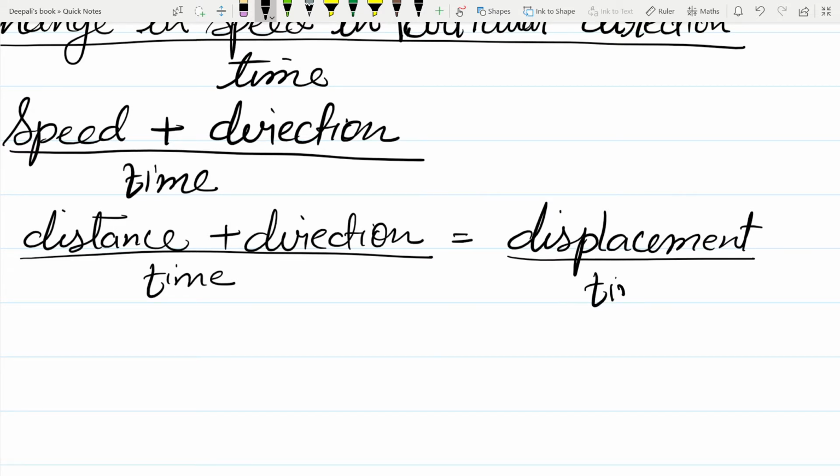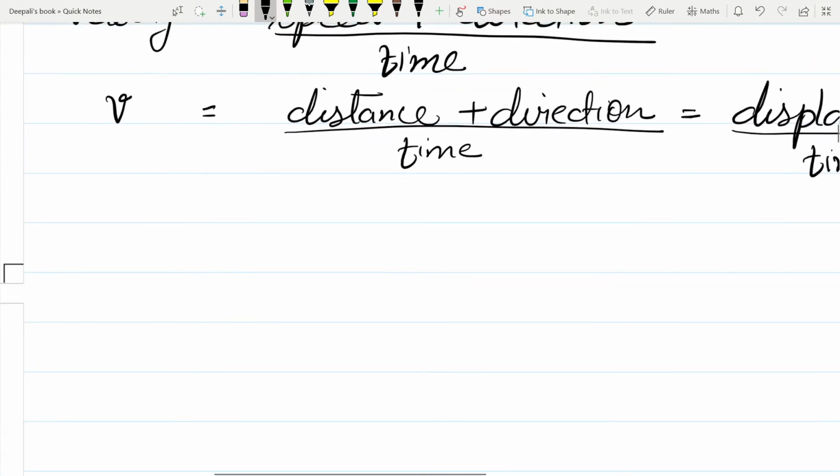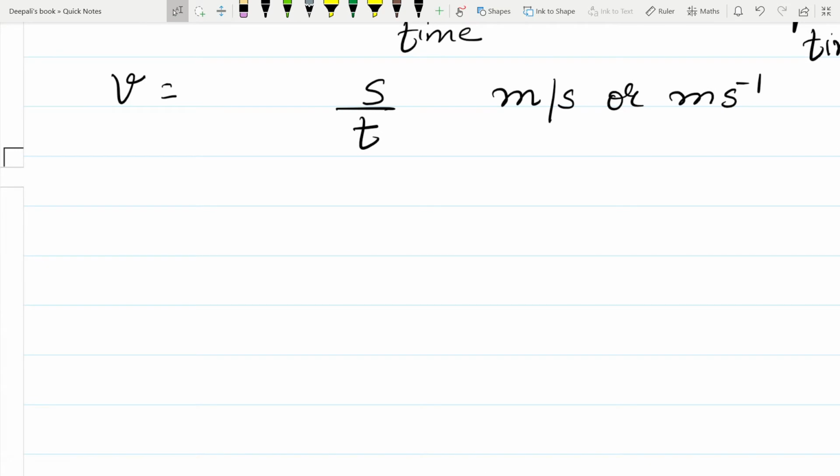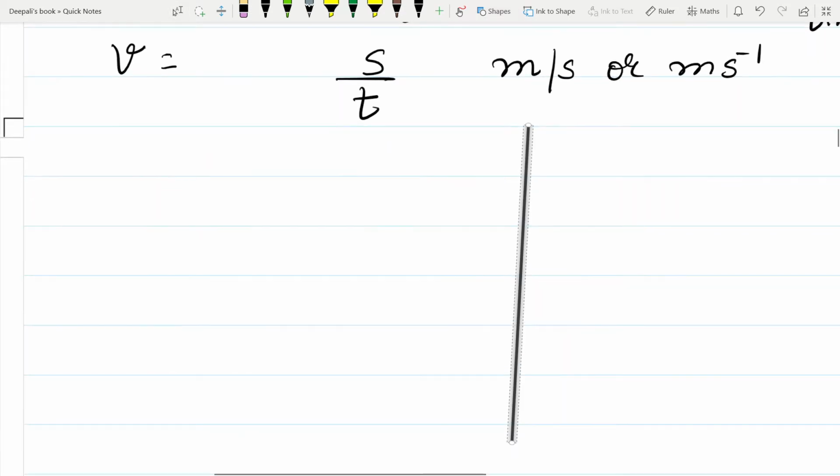Velocity is represented by v equal to s upon t, and the unit is meter per second or m s raised to minus 1. Like uniform speed and uniform motion, we can talk about uniform and non-uniform velocity as well.